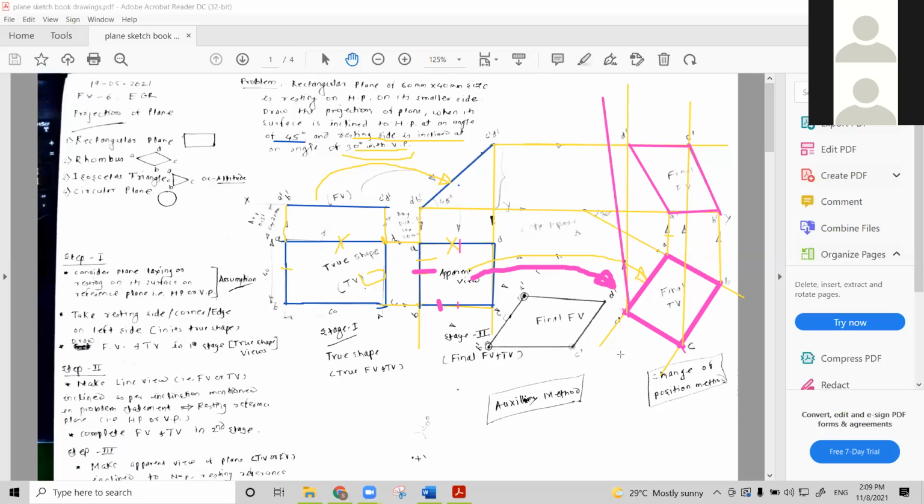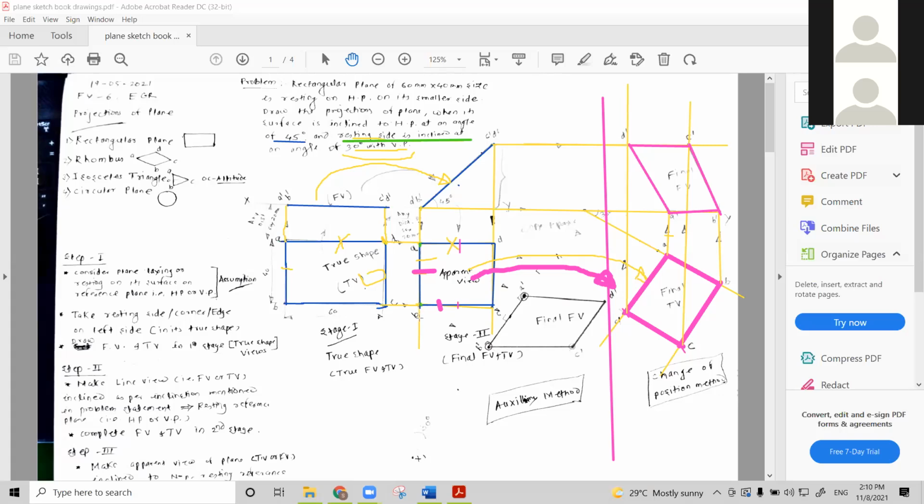Now the choice is yours, whether you are interested in the change of position method or the auxiliary plane method. If you are interested in the auxiliary plane method, then how can we do it? You have to extend the line which is given inclined. Which line is given inclined? The resting side is inclined at an angle of 30 degrees. So which one is the resting side? This AB, right? AB is the resting side.